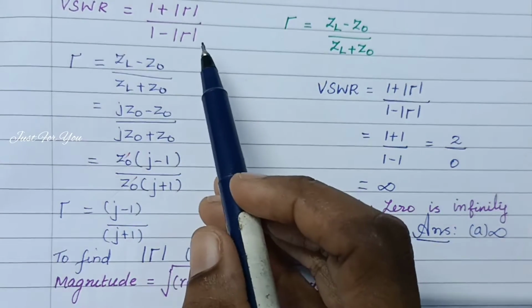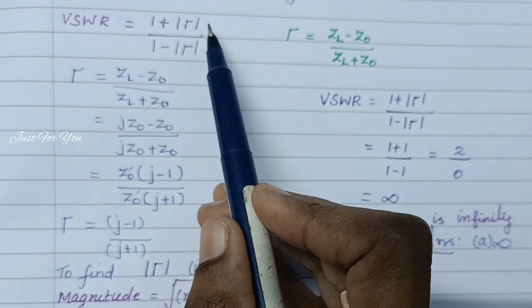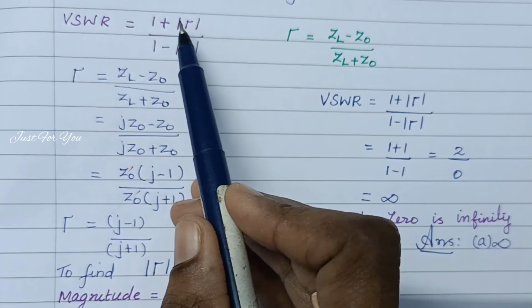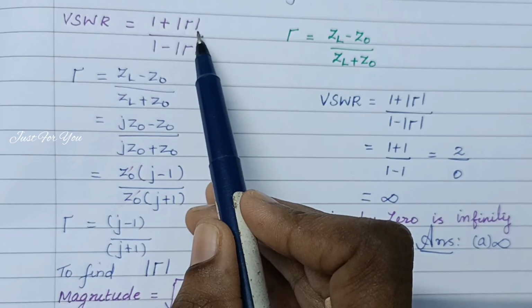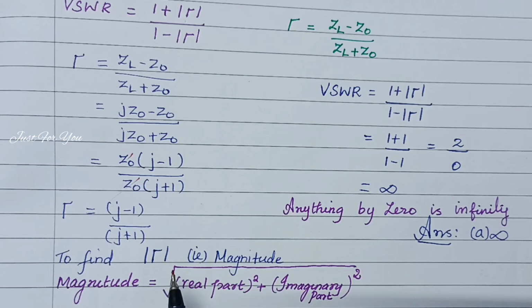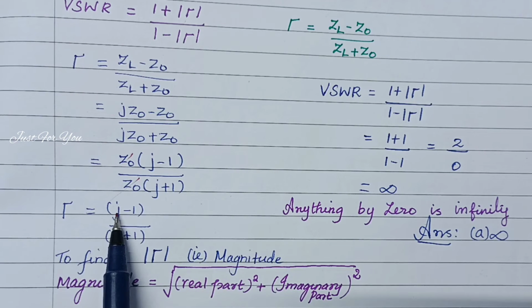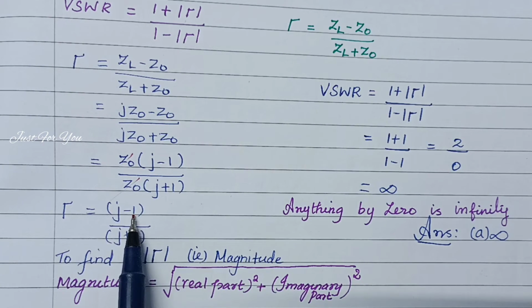But in VSWR formula we have to find the modulus of reflection coefficient. To find the magnitude, we know the formula: root of real part square plus imaginary part square. So now we are going to substitute. In the numerator, the imaginary part is 1 and real part is minus 1. In the denominator, imaginary part is 1 and real part is also 1.